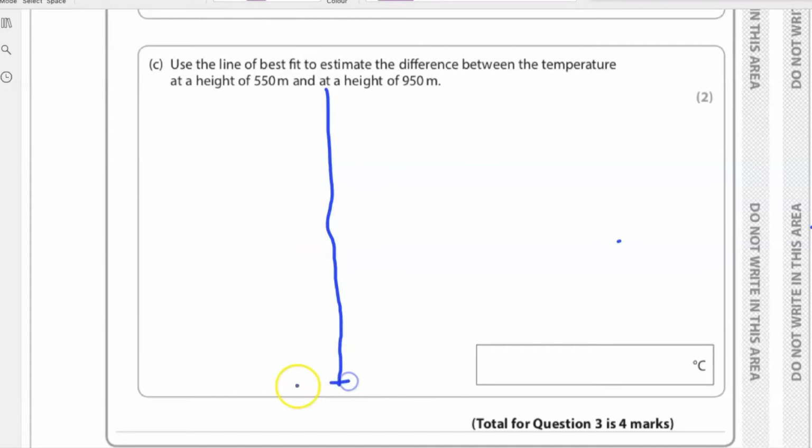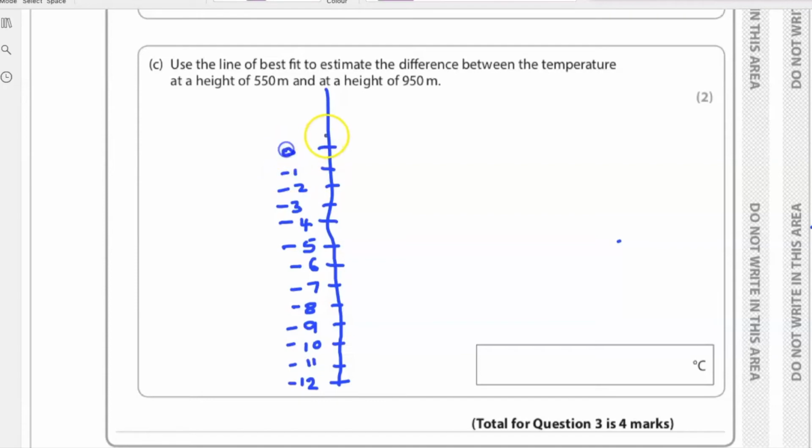This is going to be my minus 12, minus 11, minus 10, minus 9, minus 8, minus 7, minus 6, minus 5, minus 4, minus 3, minus 2, minus 1, 0, 1, 2.